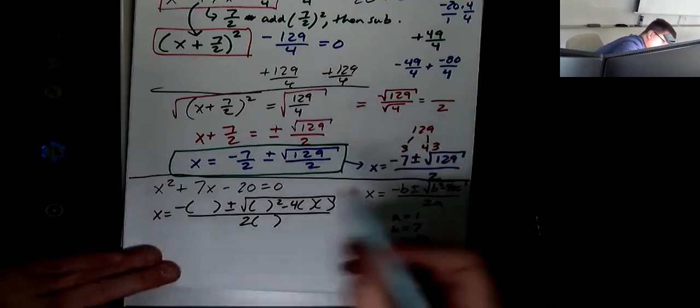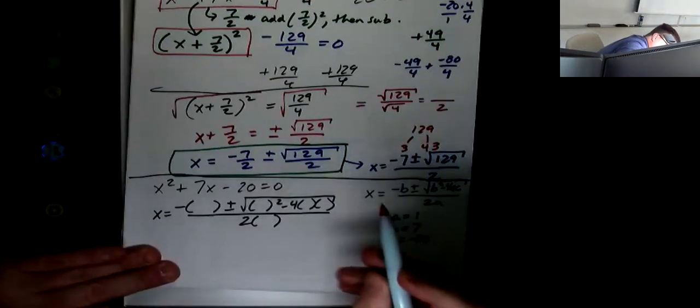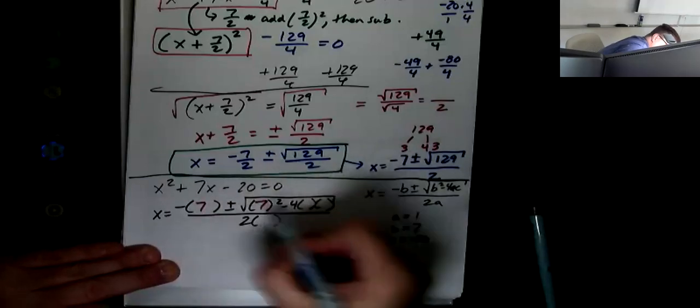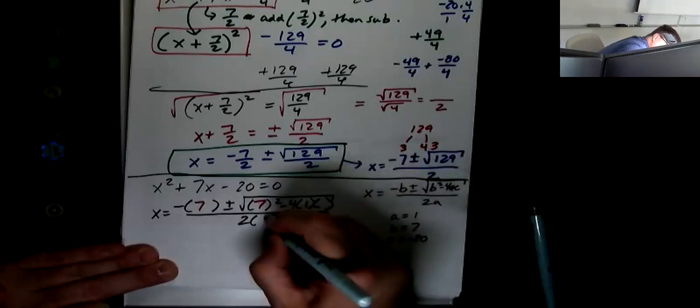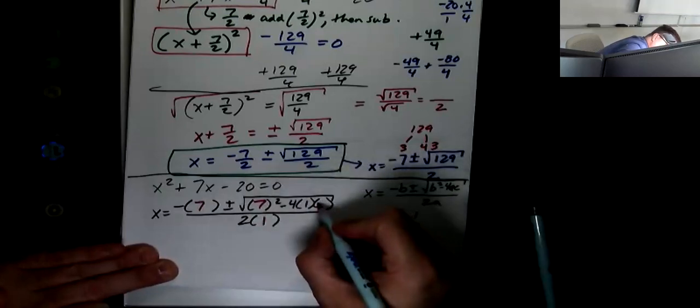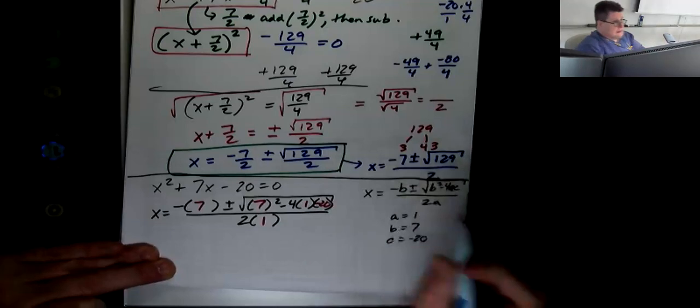So my b goes in the top, first two parentheses on top, 7 and 7. A is that parentheses and that parentheses, and c is that parentheses.